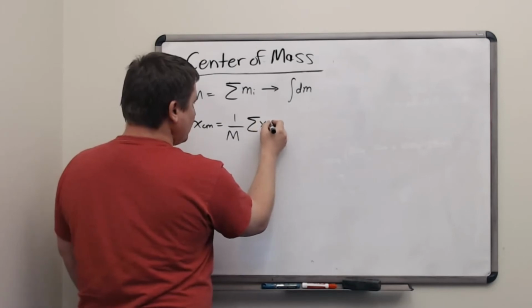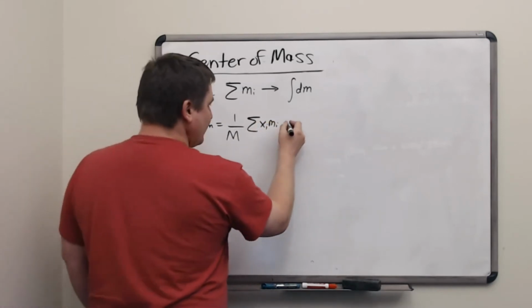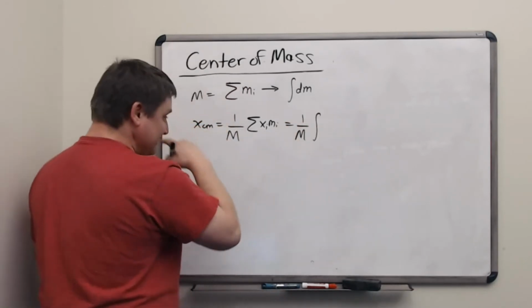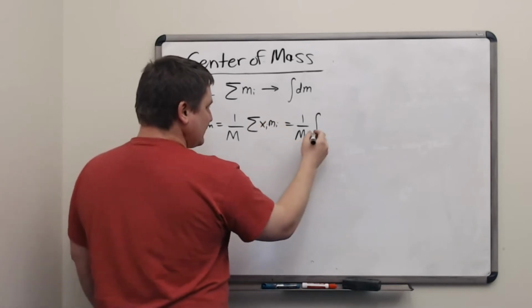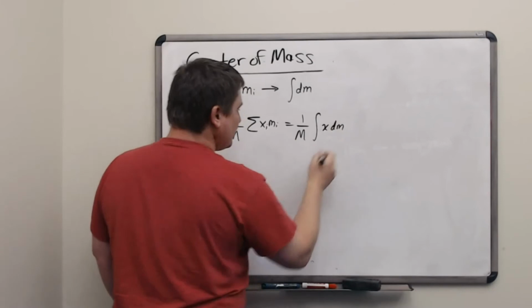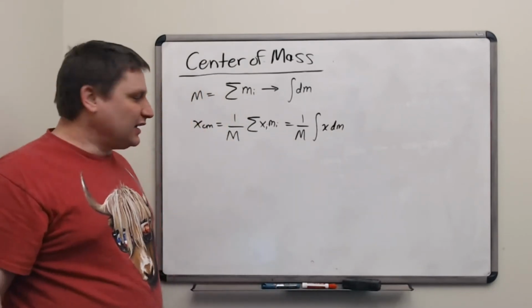For our summation for the x-coordinate of the center of mass, we'll still divide by the total mass. Our summation, we'll send the size of the chunks of mass to an infinitesimal amount. And the x-coordinate of each piece will still be relevant, so it will stay in there.